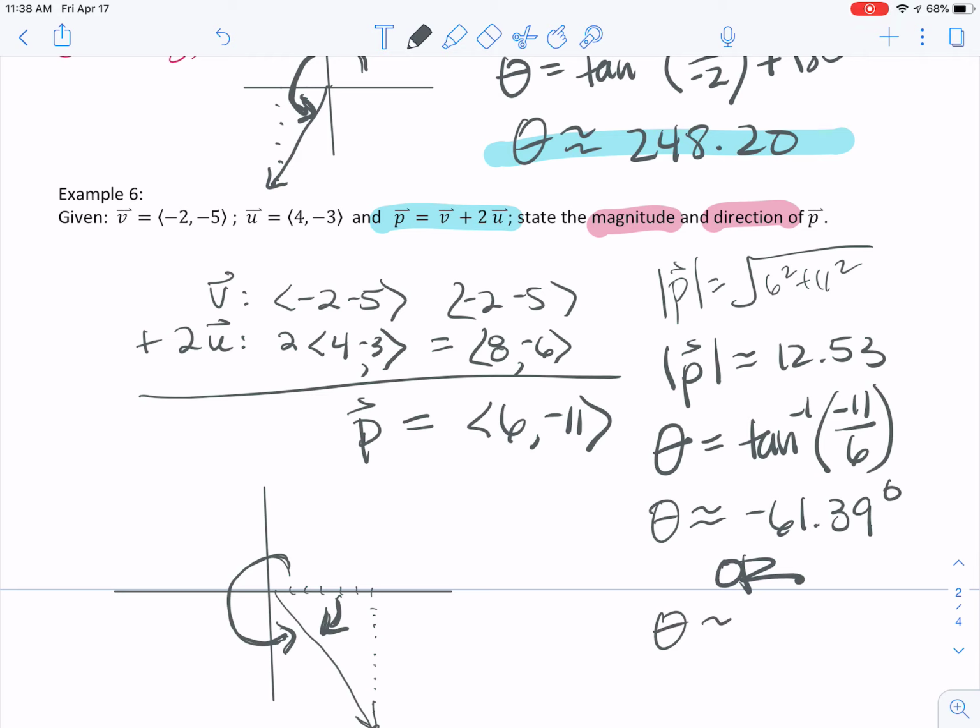Oh no, don't add 180. Just leave it. I forgot. You don't want to do that. Leave it negative, okay? It's much easier. So there's your theta, there's your magnitude, and your direction. And we're done. Yay.